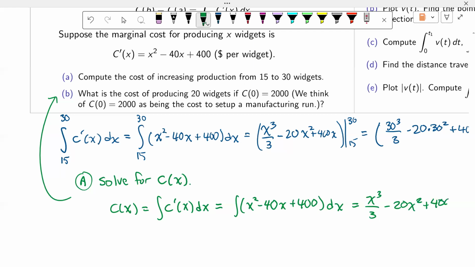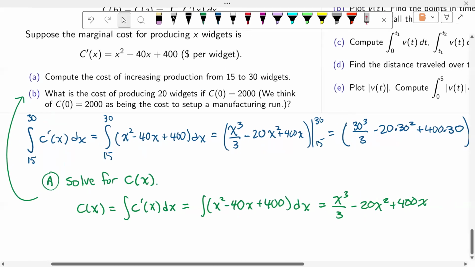Normally I write that constant as a plus C, but I'm already using the letter C for my function name. So when you can't use the letter C, you use the letter K. Why do we use the letter K? I'm not really sure. It also makes a K sound, so might as well.